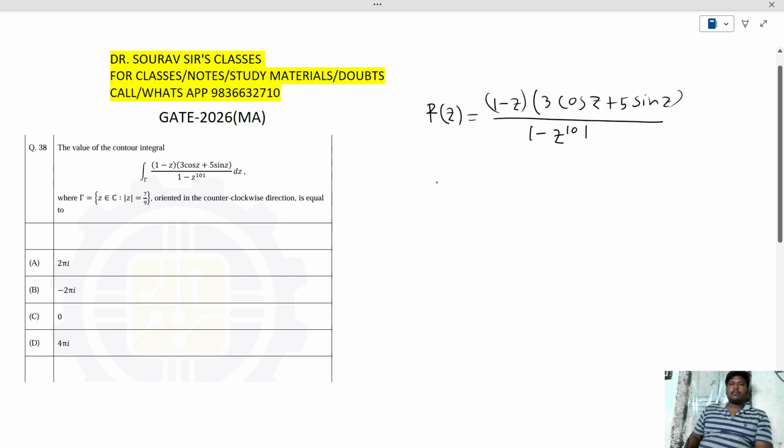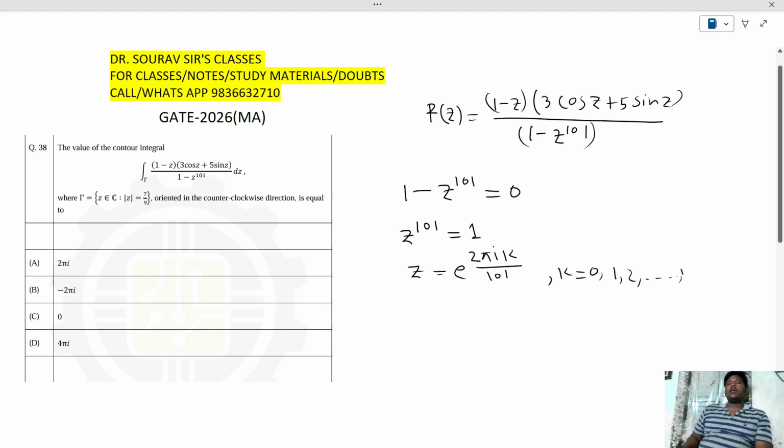So the zeros in the denominator part mean 1 minus z to the power 101 equals 0. If we set this to 0, then z to the power 101 equals 1. So z equals e to the power 2 pi i k by 101, where k equals 0, 1, 2, up to 100.